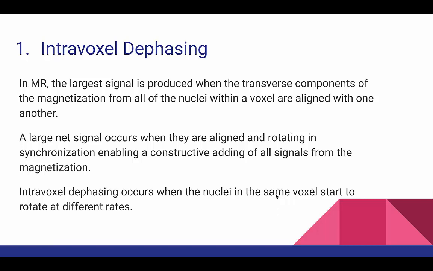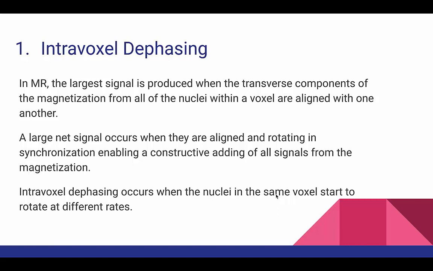So it's very important that we have alignment. That's the largest signal we get. A large net signal occurs when they're aligned and rotating in synchronization, enabling constructive adding of all signals from the magnetization. And so it's very important that they're aligned and rotating in synchronization.